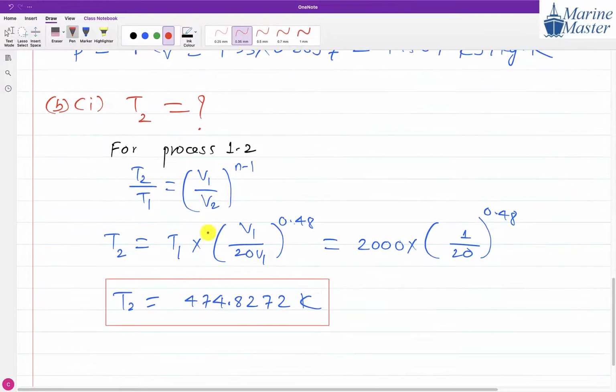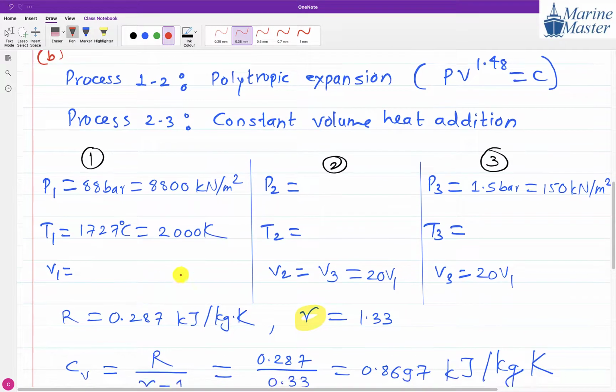Please write down this discussion in the table. Once we got this value, we will write it in the table: 474.8272 Kelvin. The use of writing in the table is that things will become very, very easy.